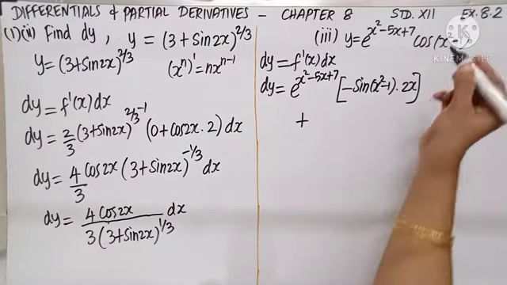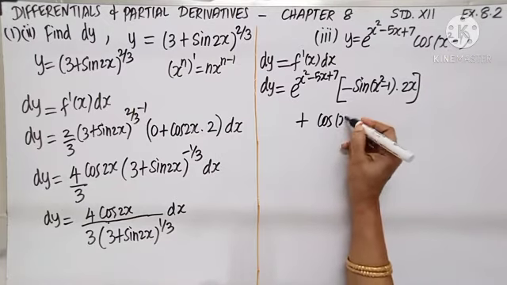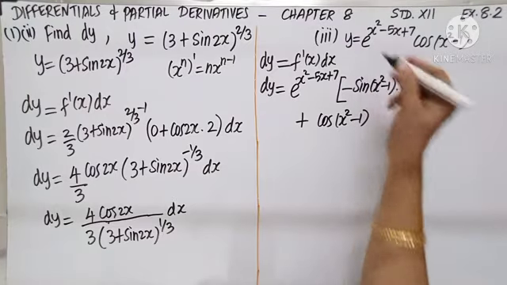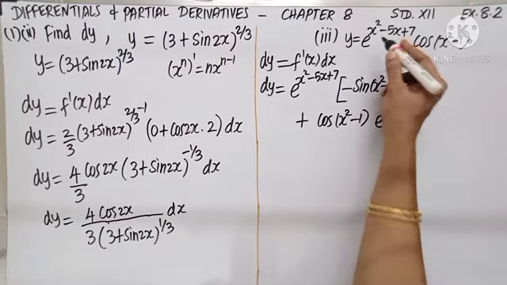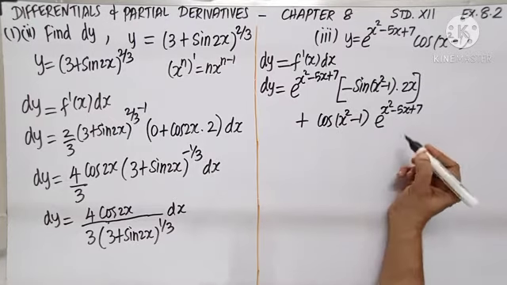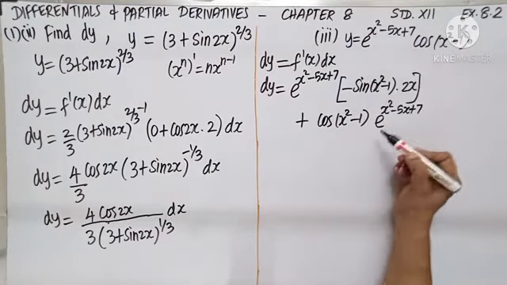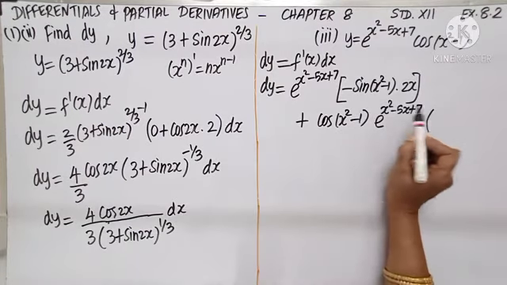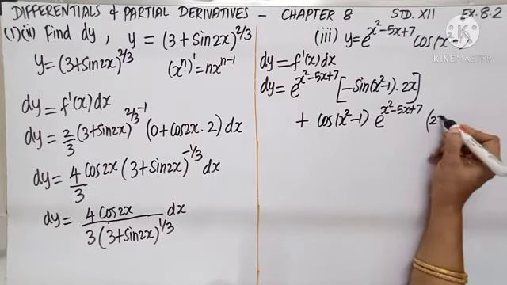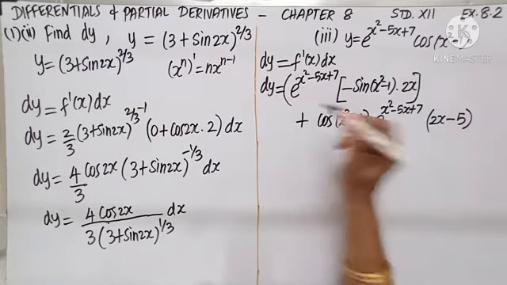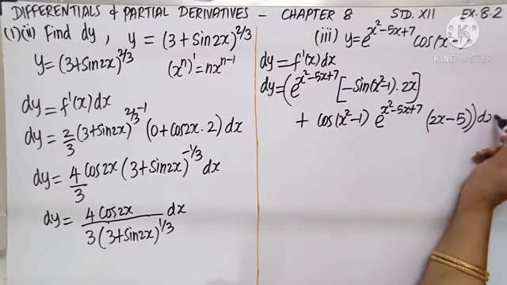Plus keep the second term cos x square minus 1 into differentiate the first term e power x square minus 5x plus 7. Remember e power x, the derivative is also e power x, into differentiate the power. X square will become 2x, 5x will become 5, 7 will become 0. The entire thing into dx.